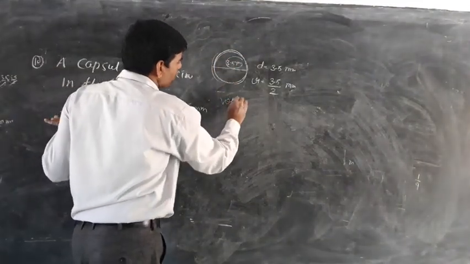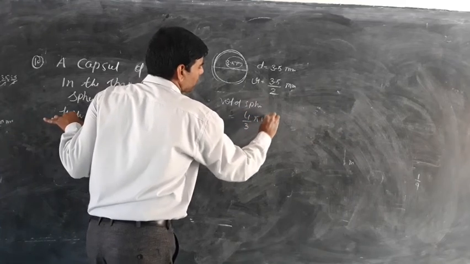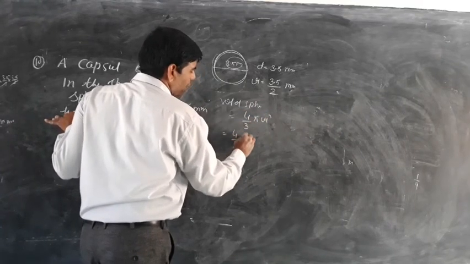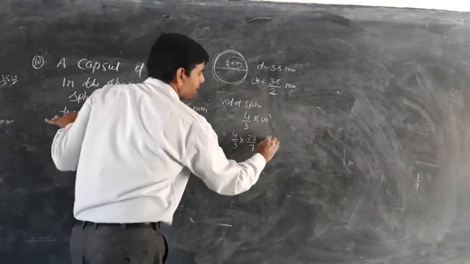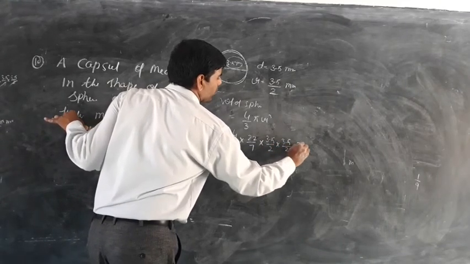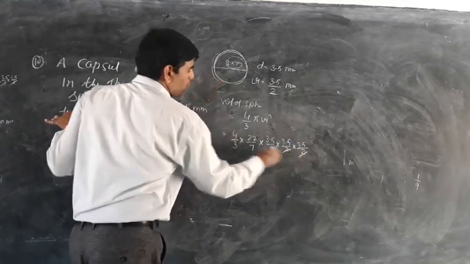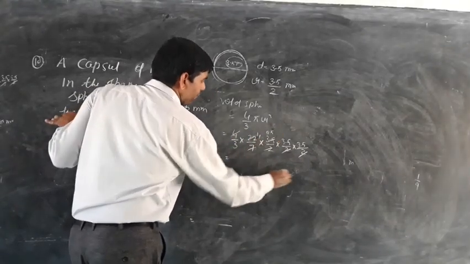So volume of sphere is equal to 4 by 3 pi r cube. 4 by 3, the value of pi is 22 upon 7, and the radius is 3.5 upon 2, three times. 2 fours are 8, and 2 elevens are 22, 7 elevens are 77, so it becomes 11 times 3.5 cubed divided by 3.